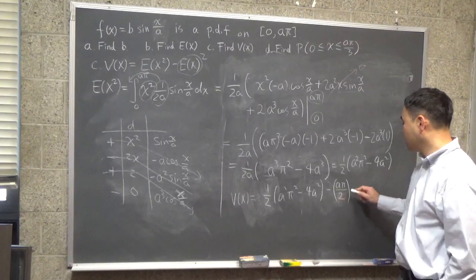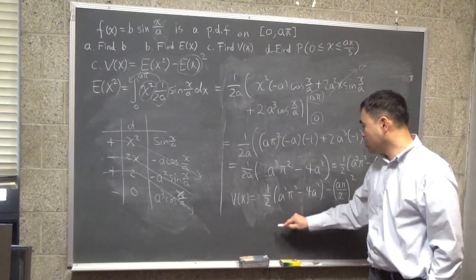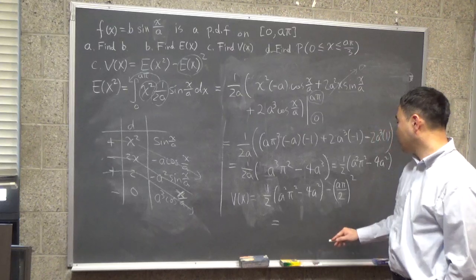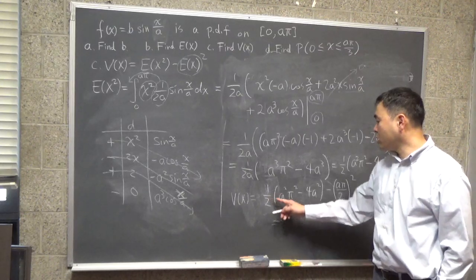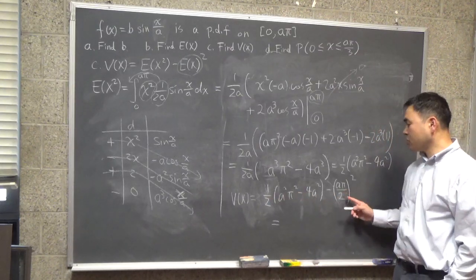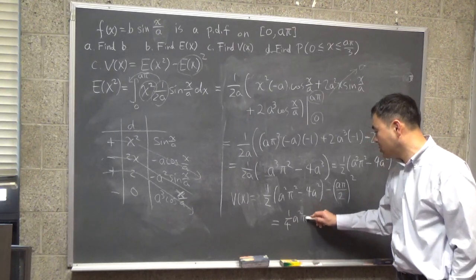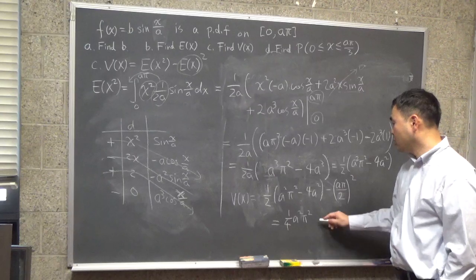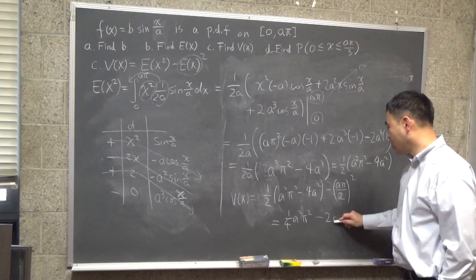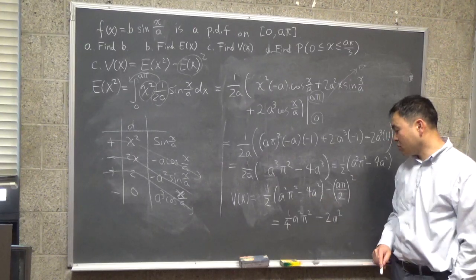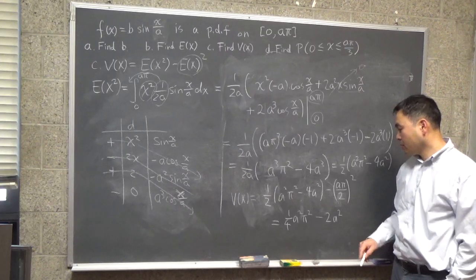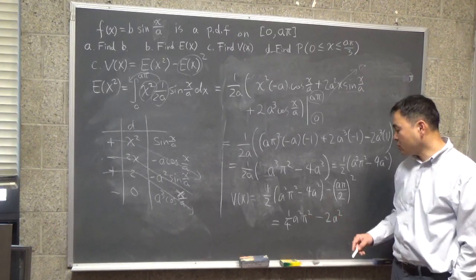This was our E of X, right? So that is going to give you, this will be 1/2 a squared pi squared, this will be 1/4 a squared pi squared, so that's going to be 1/4 a squared pi squared, and then minus 2a squared. So that is going to be your variance.